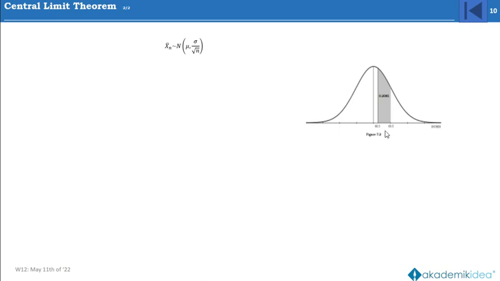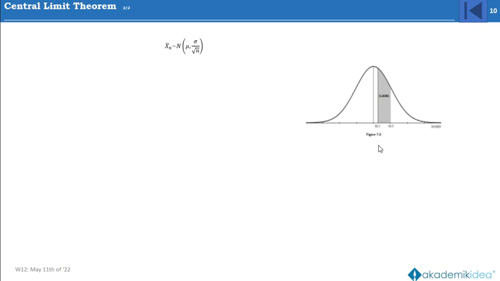Hence, the desired probability between 68.5 and 69.5 is given by the shaded area of figure 7.2.